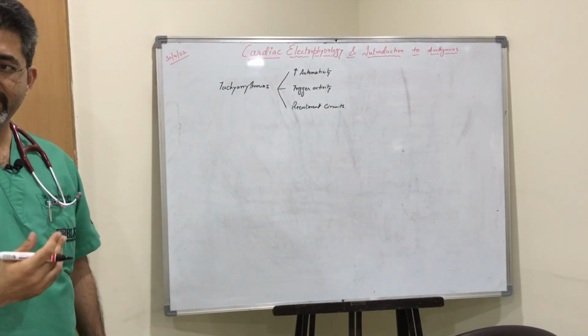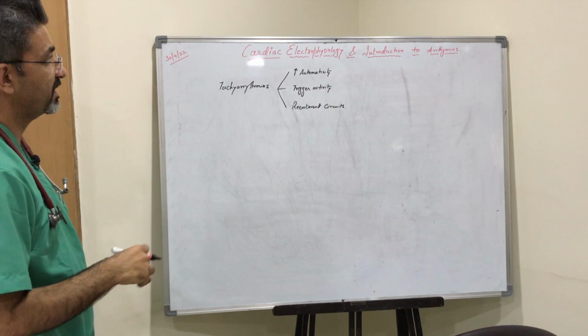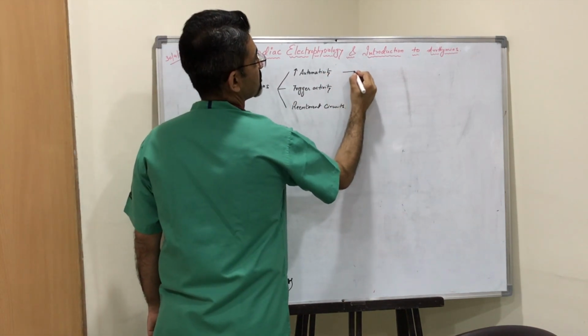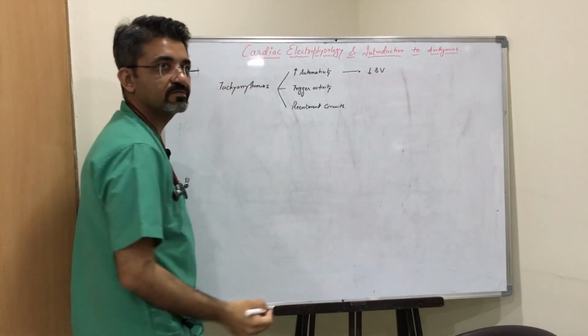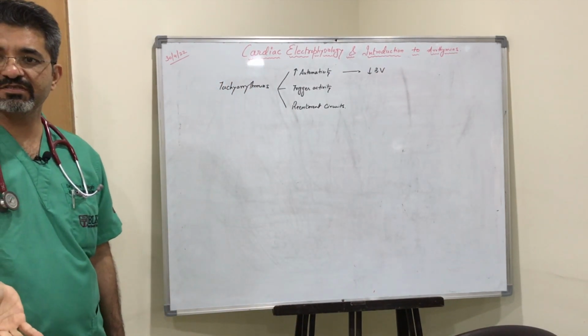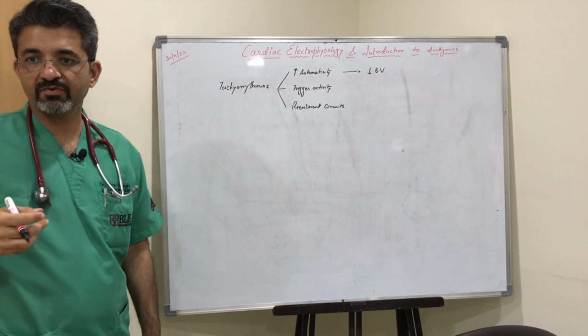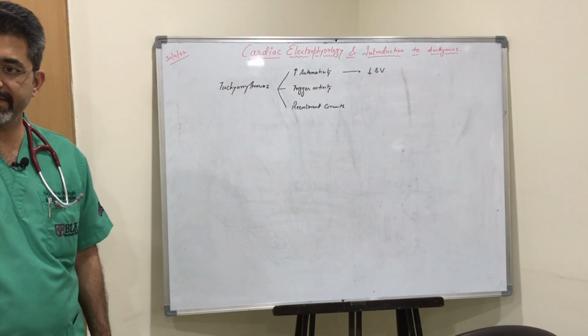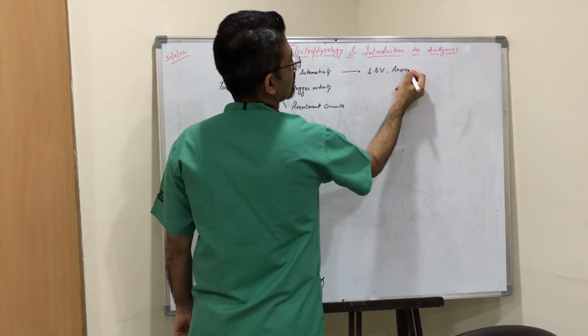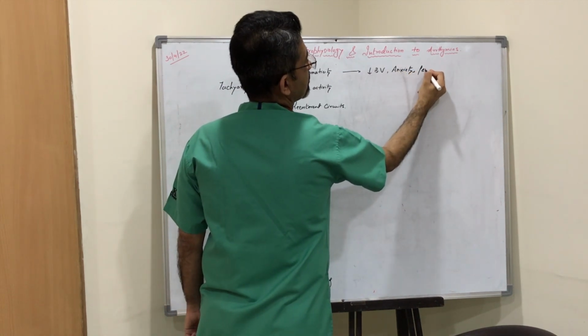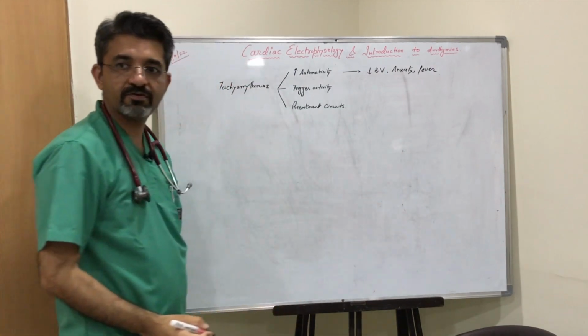Now increased automaticity can be because of, say, low blood volume, hypovolemia. Hypovolemia will cause reflex tachycardia. So automaticity increases, right? You have anxiety, you have fever, right?